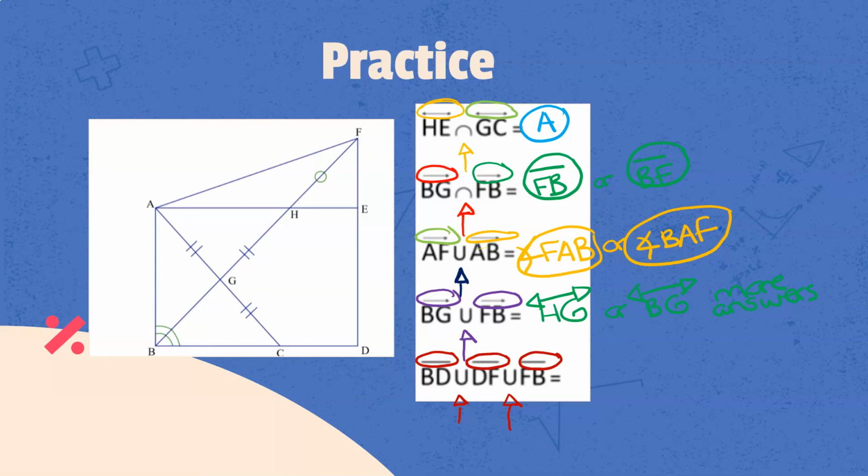So first we're going to start with line segment BD. So we know that a line segment has a start and an end point. And so it is named by its start and end. So here it will start at B and end at D. So this is our first line.